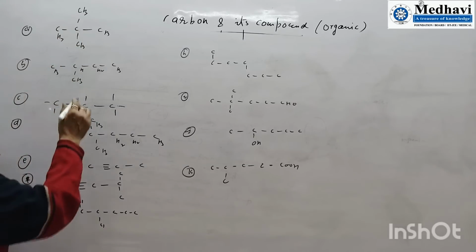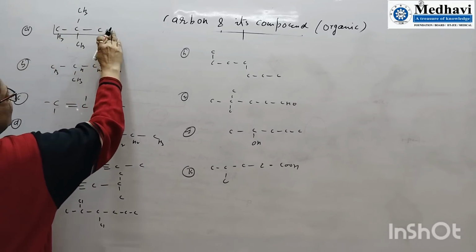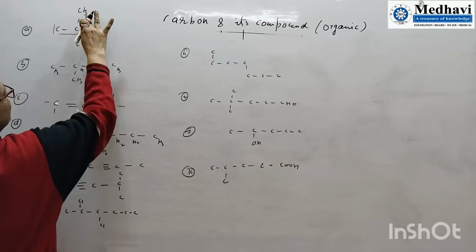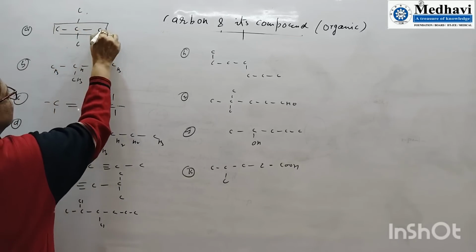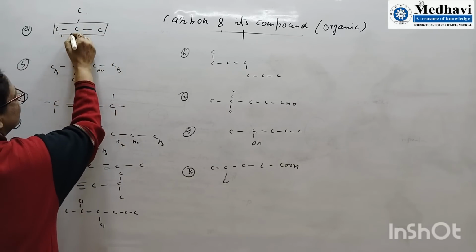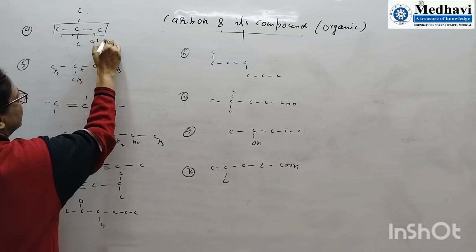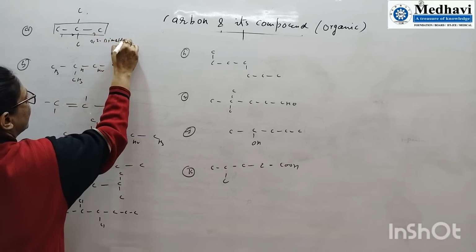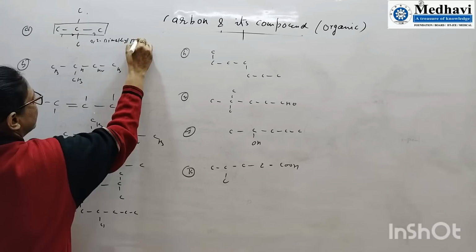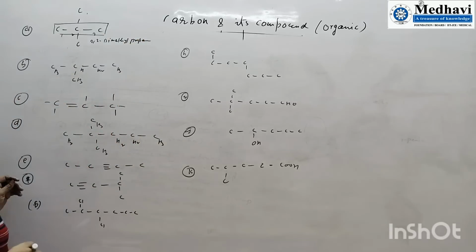Here, see, now the carbon chain is this. Now I am going to remove hydrogen. Better, you remove hydrogen, it will be easy for you. This is 1, 2, 3, 2-dimethylpropene. Now after that you fill hydrogen. There will be no issue.